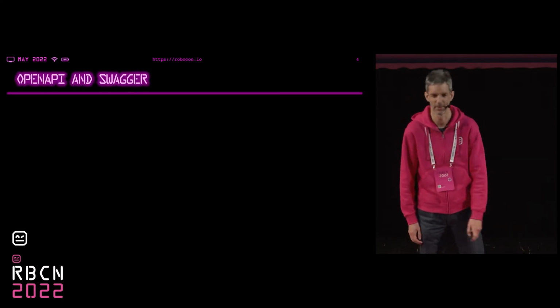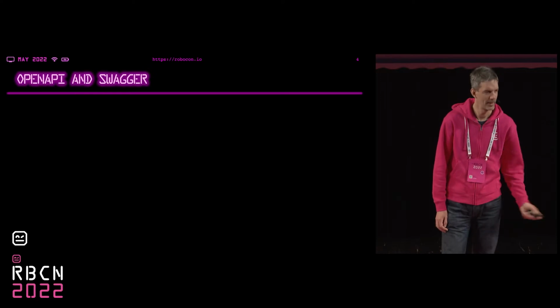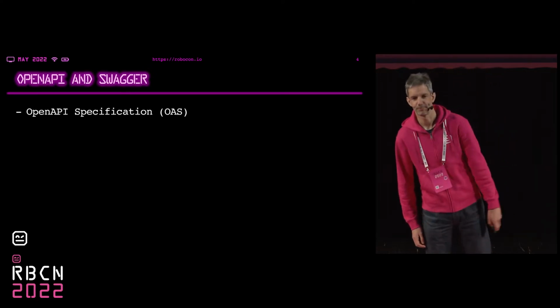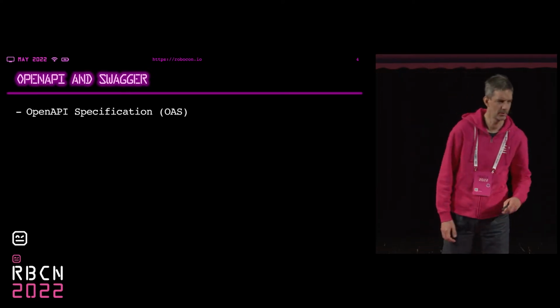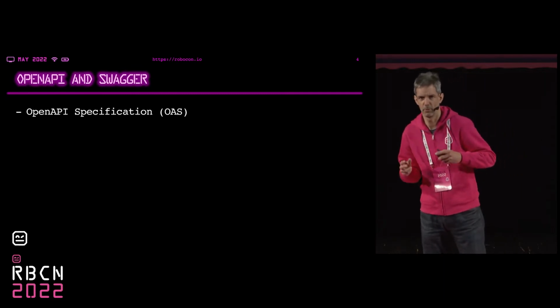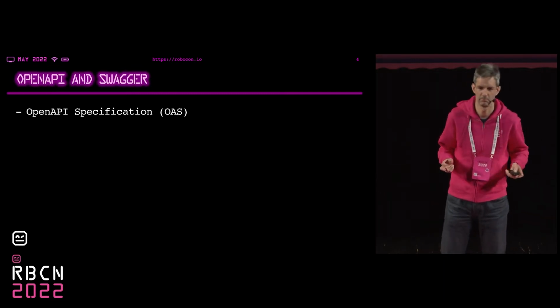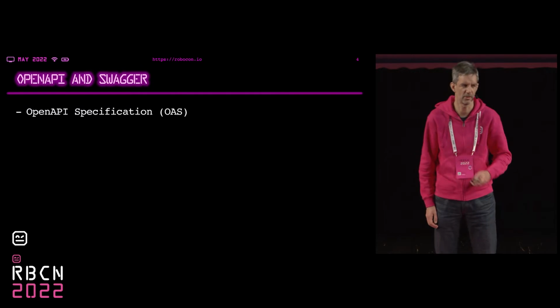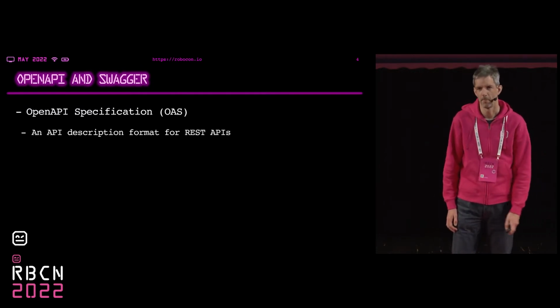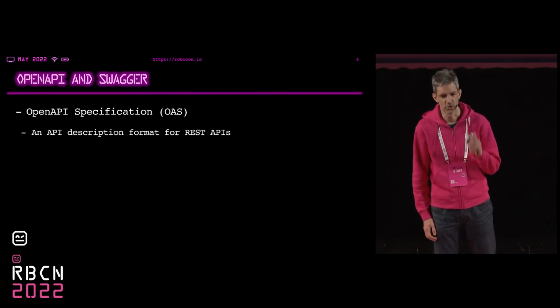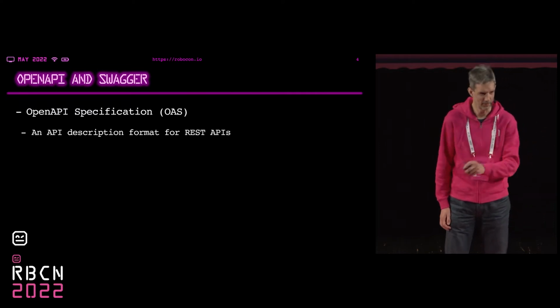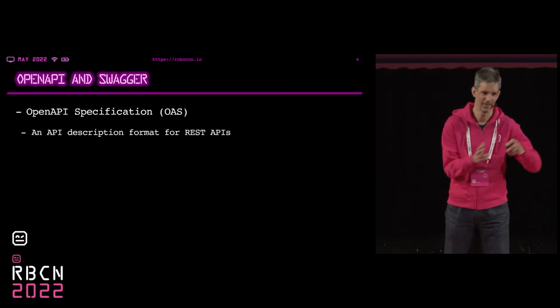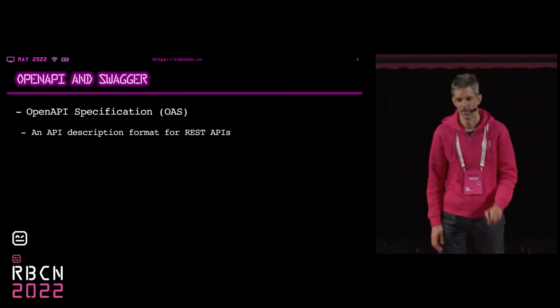Let's take a look. Open API, Swagger. So at one hand, we have the Open API specification. If you Google it, OAS. This is a description format for REST API. So we have our REST, we have an API.